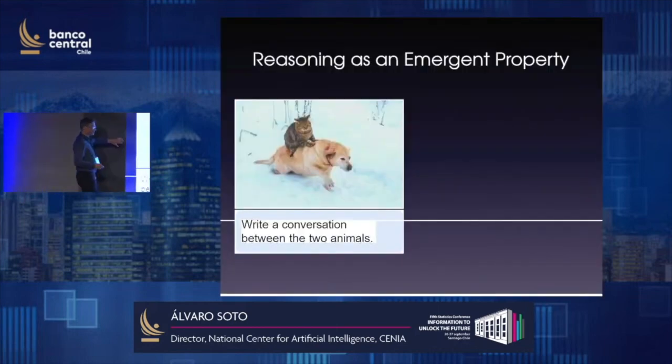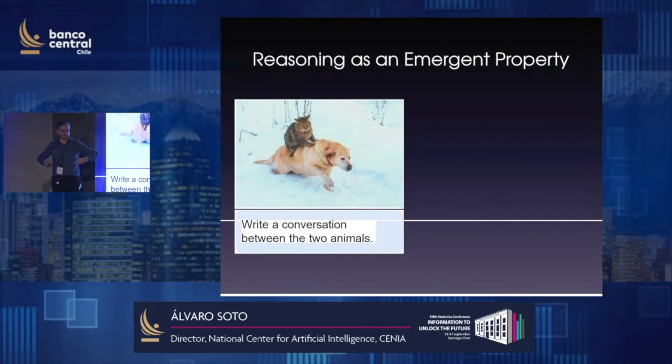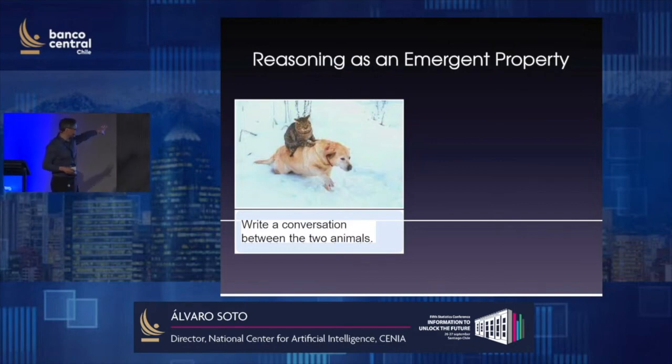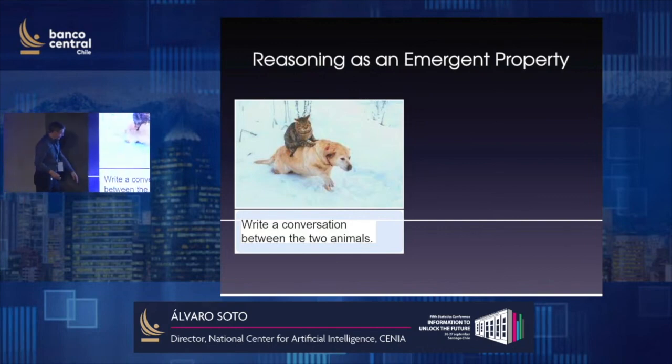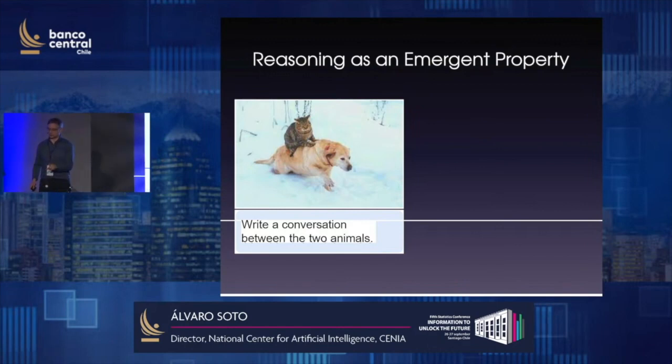This will be the input to one of these huge monster models. You input the image to the model, and you input this instruction or text asking the model to write a conversation between these two animals. What I will show you is the output of that model.